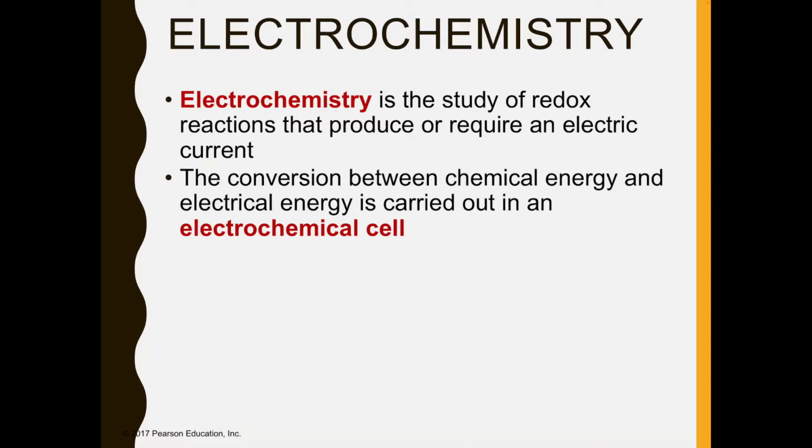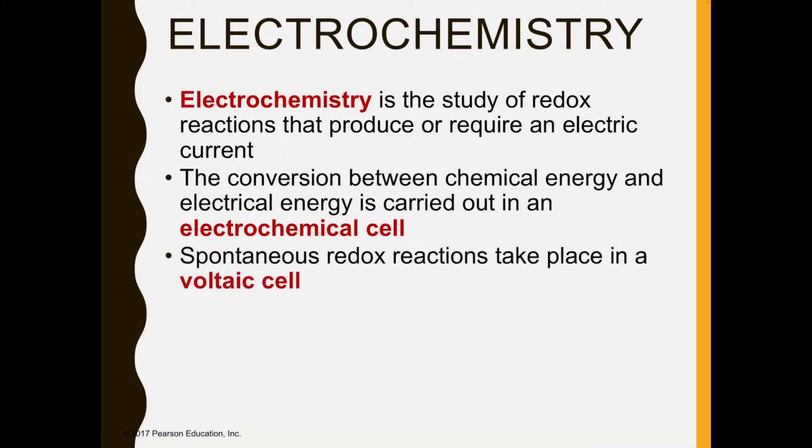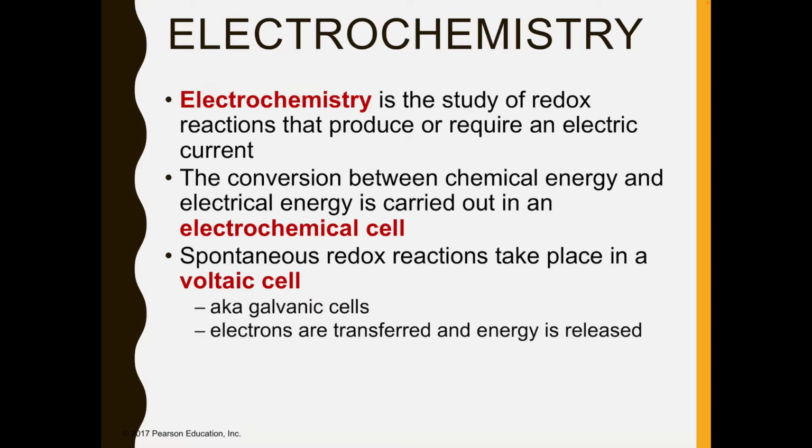The conversion between chemical energy and electrical energy is carried out in electrochemical cells, and these are typically just going to be beakers for our chemistry purposes. Spontaneous redox reactions are going to take place in a voltaic cell. Sometimes these are also called galvanic cells, so you may see it written either way. In fact, I think Alex calls them galvanic cells.